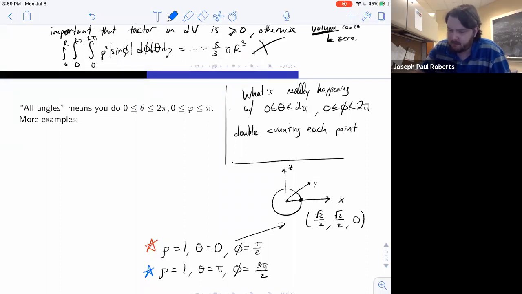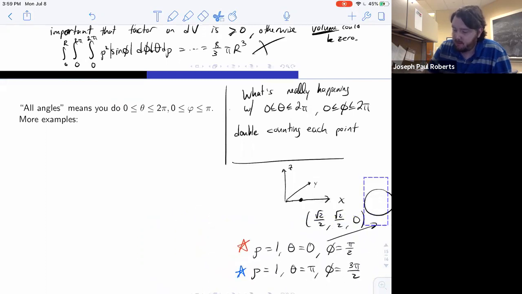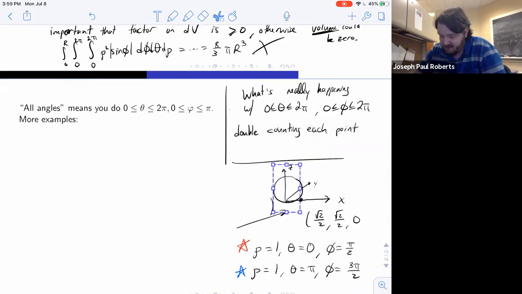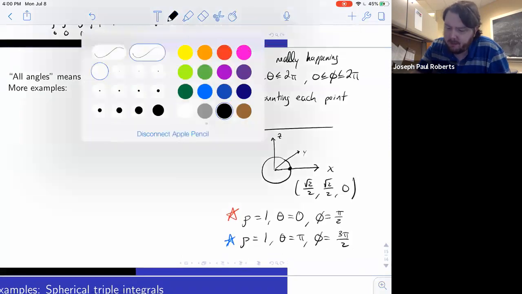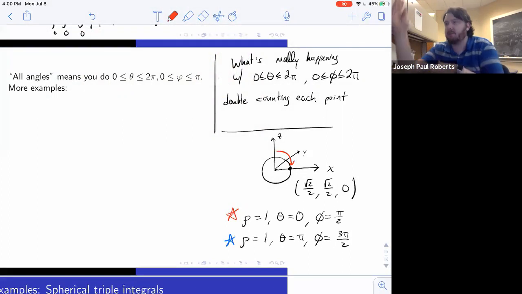To get there at theta equals 0, I'm swinging in the plane theta equals 0, which is the positive x-axis, and I'm stopping once phi hits pi over 2.